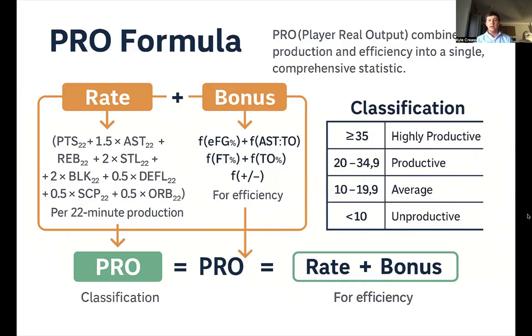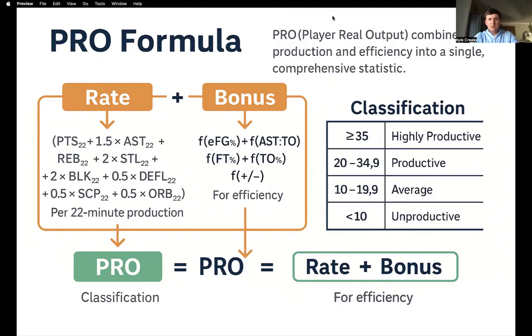You're kind of going in and filling the gaps. They might have some mess ups here and there. They might produce to offset it, but they are an average player in terms of production with efficiency. And anything less than 10 is unproductive, meaning that given the time that player is playing on an equal playing field with everybody else, they are unproductive. And that is how you get the rating for Pro.